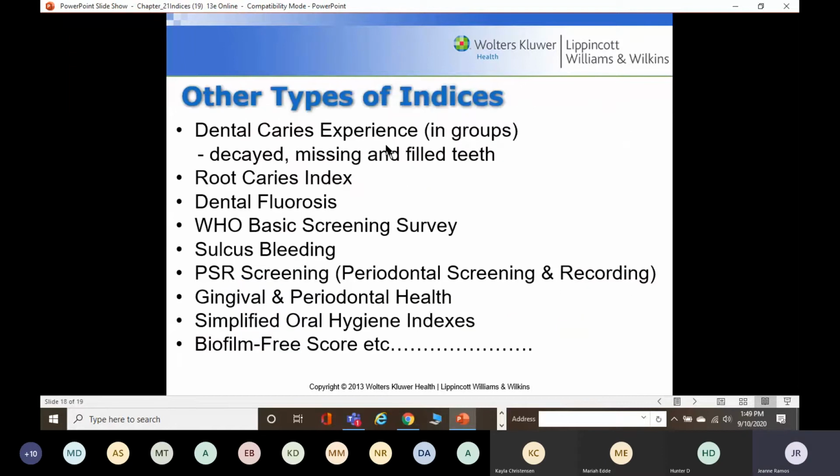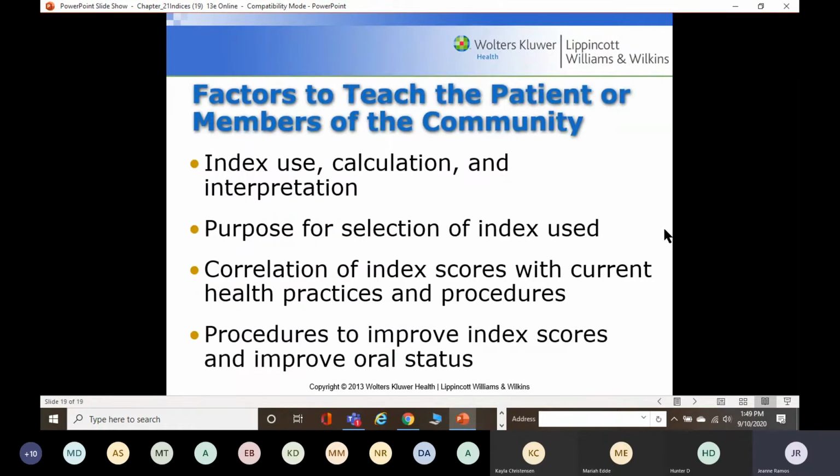So other types: dental caries experience, root caries, dental fluorosis, the WHO, World Health Organization, basic screening, sulcus bleeding, PSR, gingival perio health, simplified oral hygiene indexes, biofilm free score, et cetera.